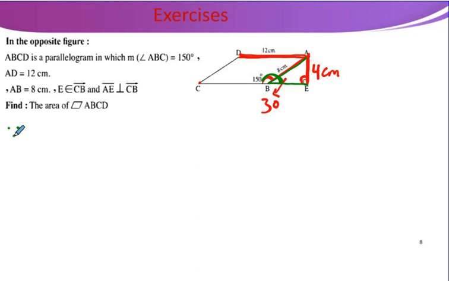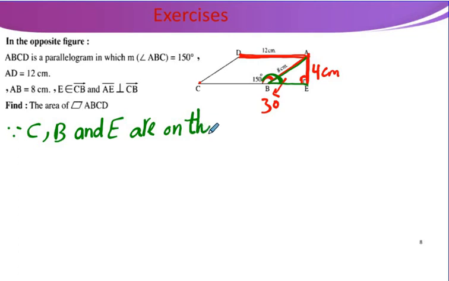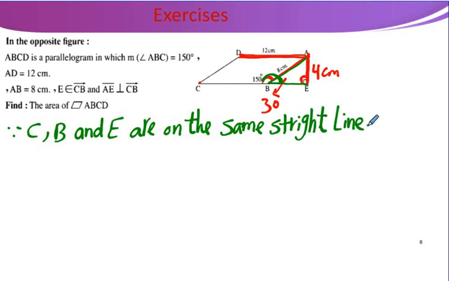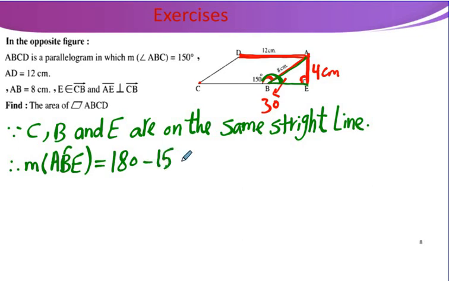Since C, B, and E are on the same straight line, then measure of angle ABE equals 180 degrees minus 150 degrees equals 30 degrees.